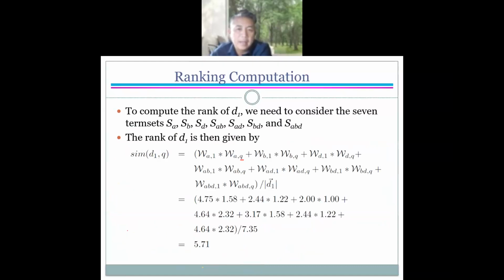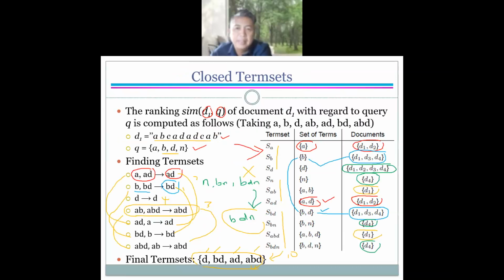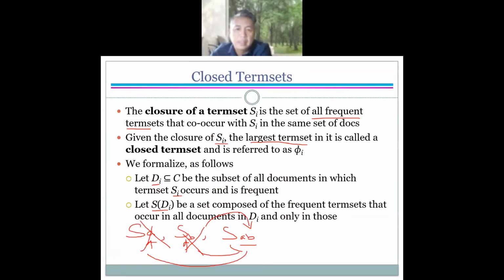So in the calculation, we can remove this one also. This is one of them, yes. And BD, AD. So this one we can cancel out. This one is okay. This one is okay. And the last one is ABD.